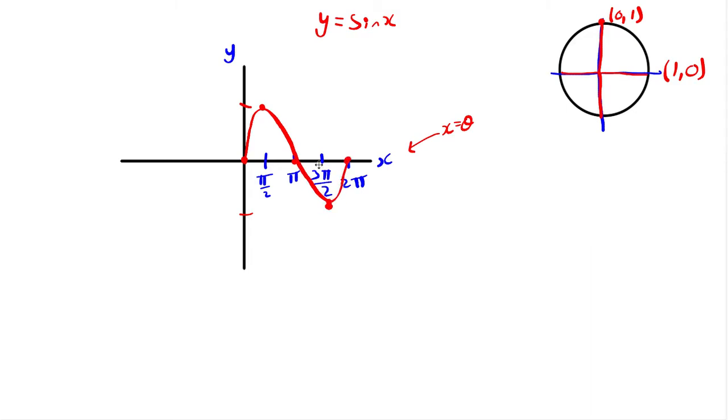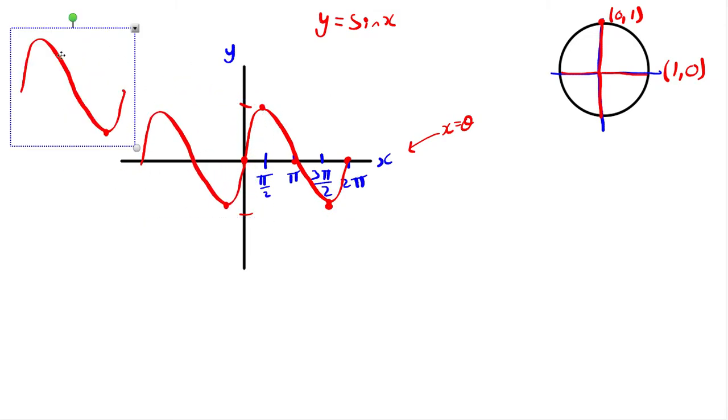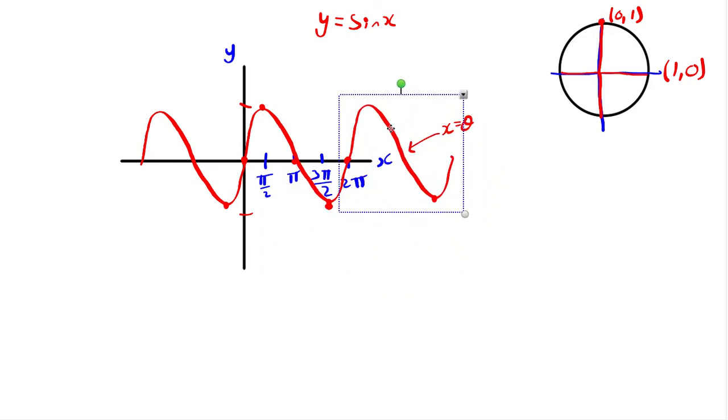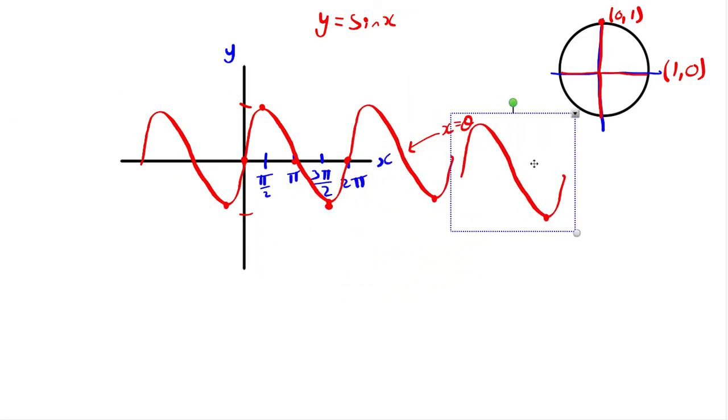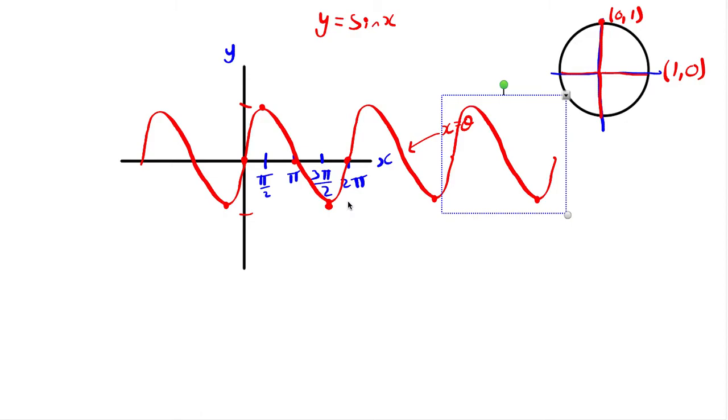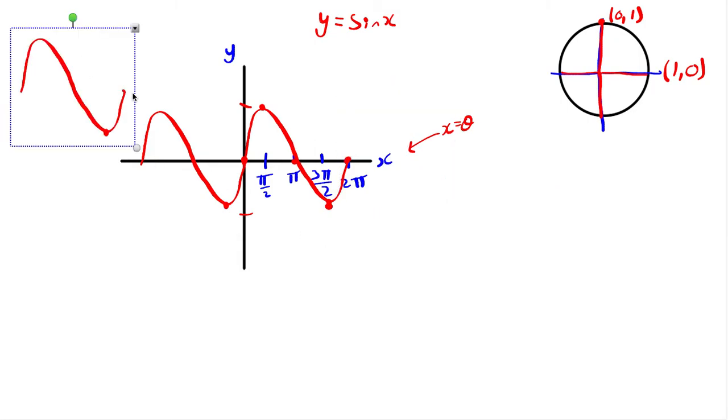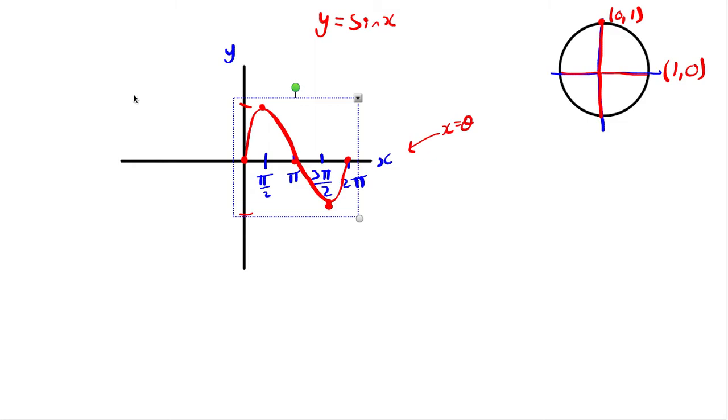It's a wave, and it keeps going. So this wave is just going to be copy and pasted a bunch of times in both directions, just like that. So that's what the graph is going to look like. Now for us, if we just want to graph 0 to 2 pi, this is one period.